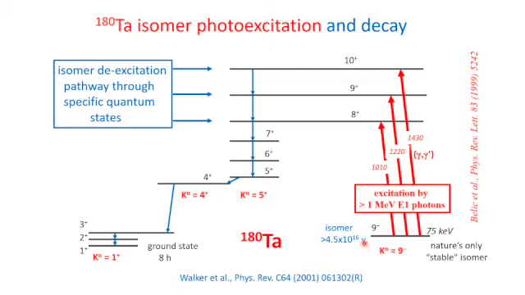And that was irradiated with bremsstrahlung photons by Belic and colleagues. And they found resonances at, these are the lowest energy resonances they found, for the de-excitation of the isomer through the ground state of tantalum-180, which has only an 8-hour half-life.